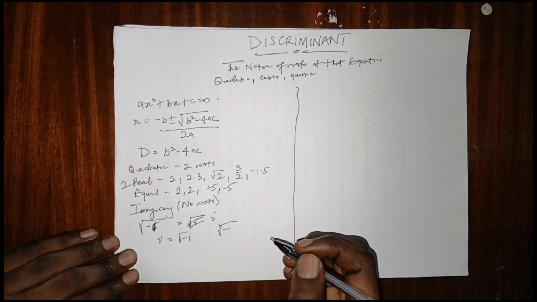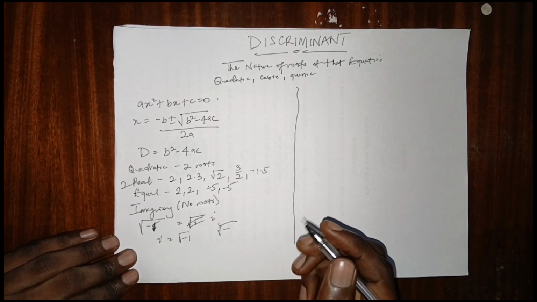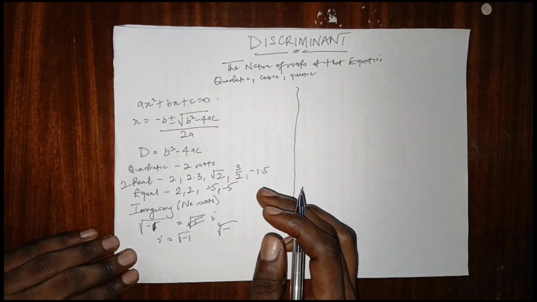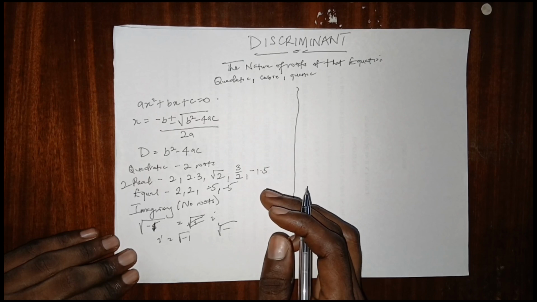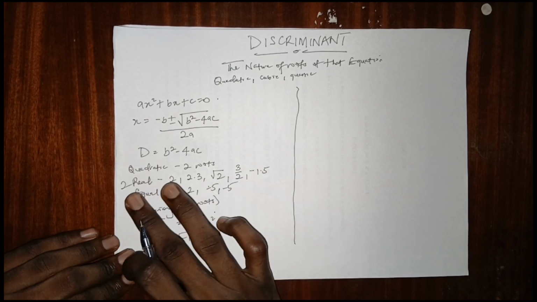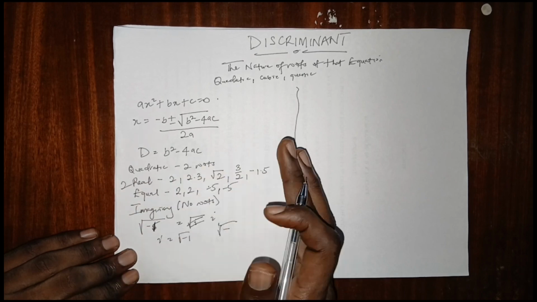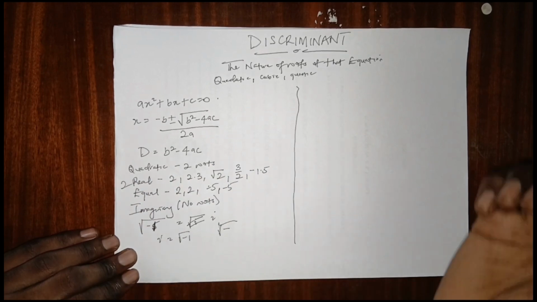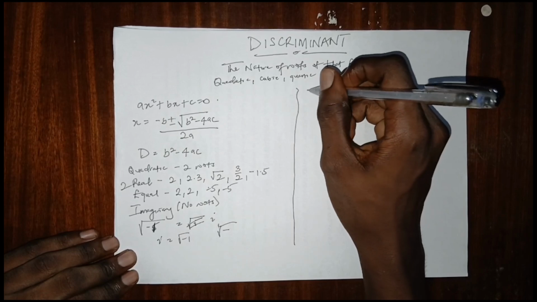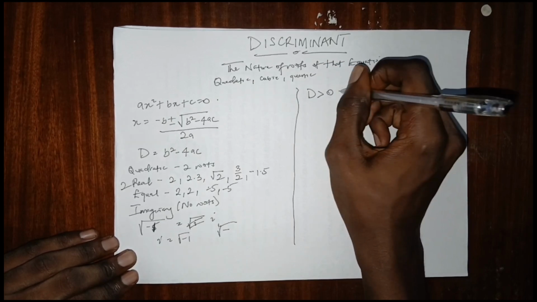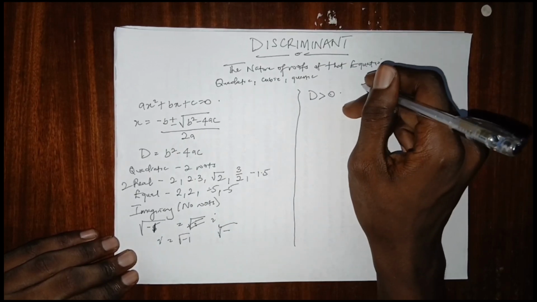Going further, to know when our roots are two real distinct numbers, D has to be greater than 0. That is, the discriminant has to be greater than 0.